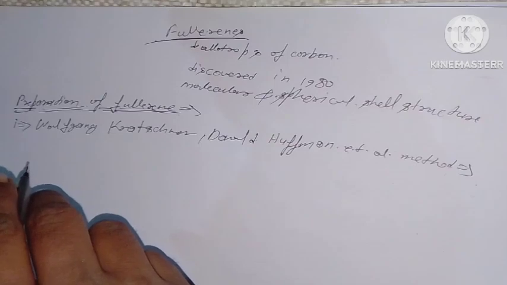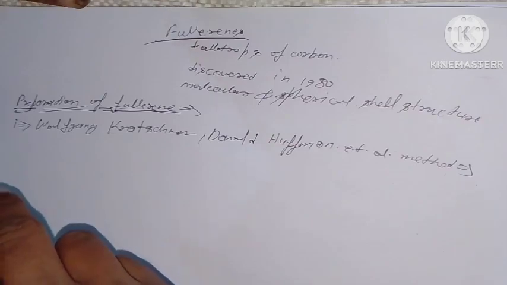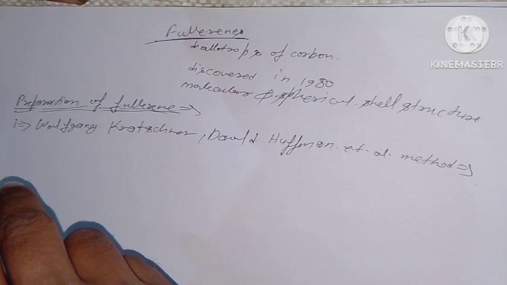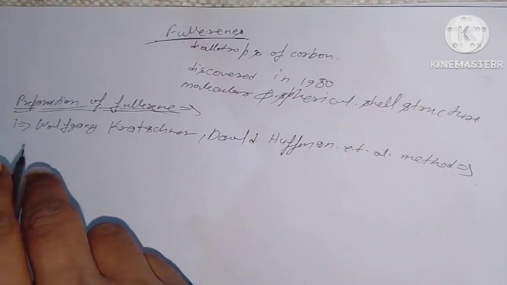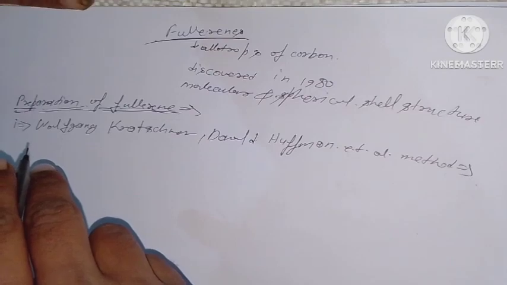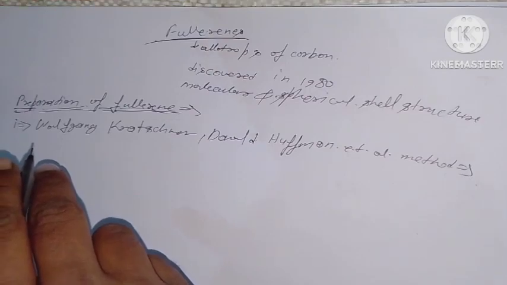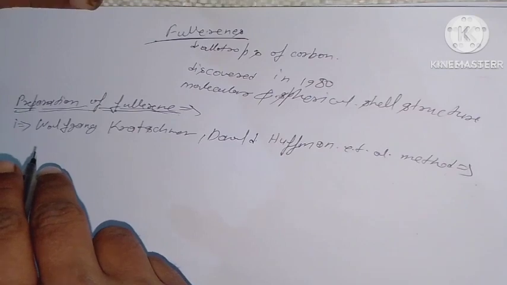It is then dissolved in benzene organic solvent. From this solution, pure C60 and C70 can be isolated by column chromatography using an alumina column. The C60 fraction is of magenta color while C70 is orange.